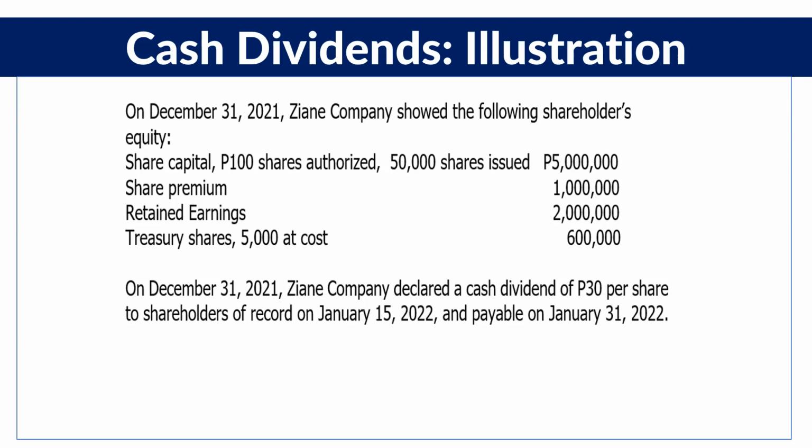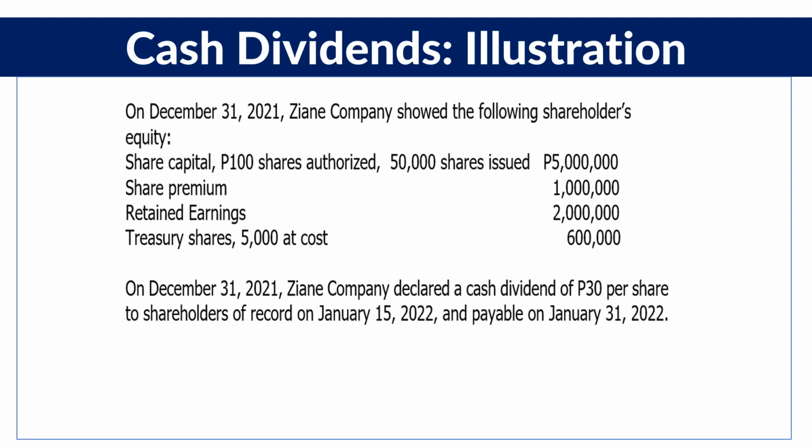So in this case, our issued shares are 50,000. However, there are 5,000 shares in the treasury. So these are issued but not outstanding, because they are in the hands of the corporation, since it bought them back from the shareholders.